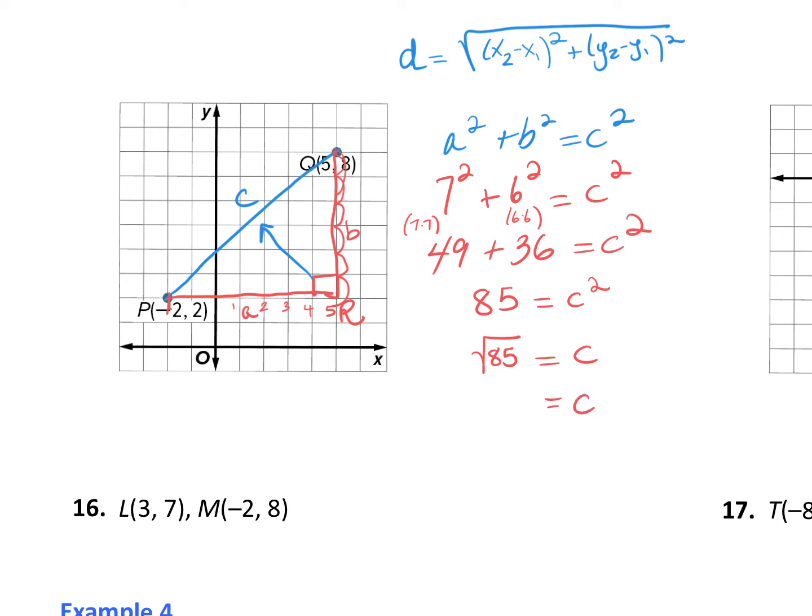So the square root of 85 is 9.2. So that is the length of PQ in decimal form. We could also solve for the square root of 85 in simplest radical form by factoring out our perfect squares, which you can watch as a separate video.